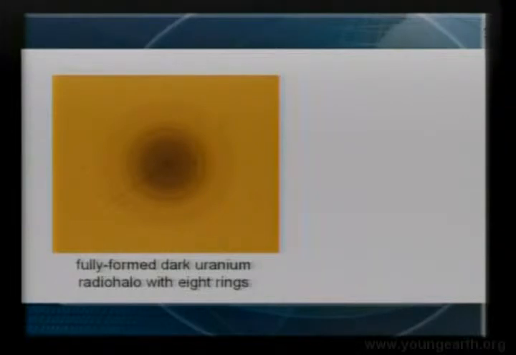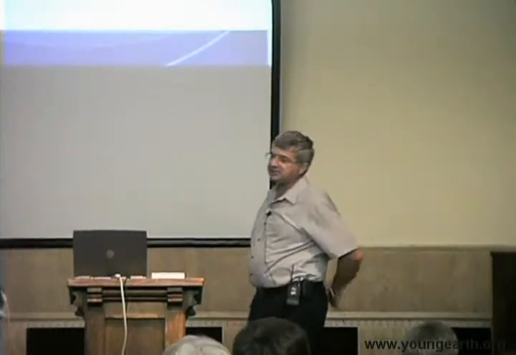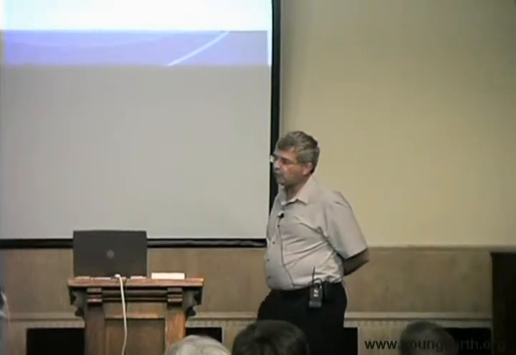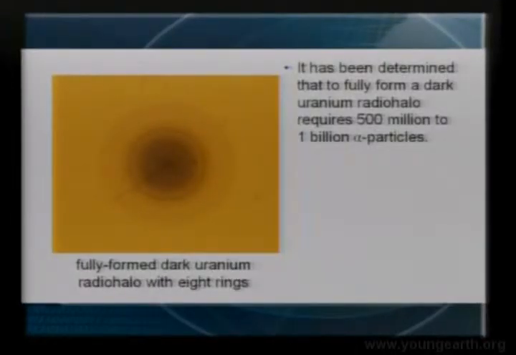Now the biotite looks black in a hand specimen, but under the microscope it can look green or brown or orange, as you can see here, because it's so thin, light can pass through it. Now it has been determined that to fully form a dark uranium radiohalo requires 500 million to 1 billion alpha particles to get the intensity of the damage to the biotite crystal so that it's visible under the microscope.